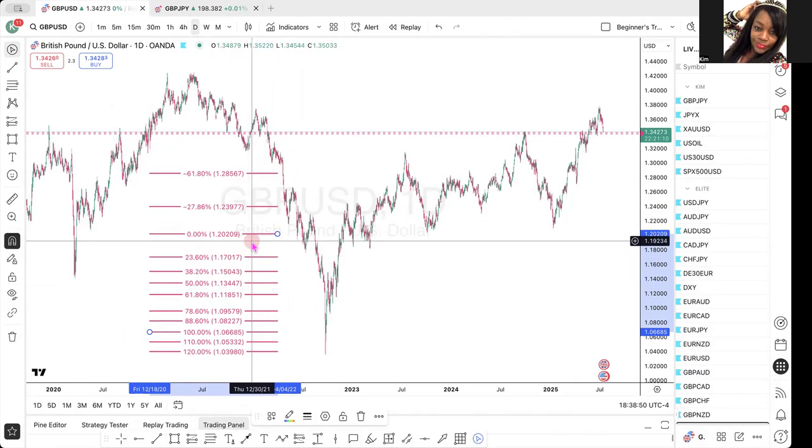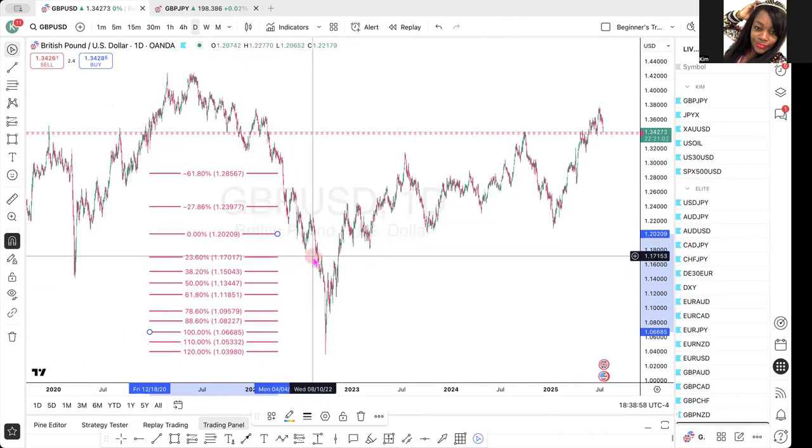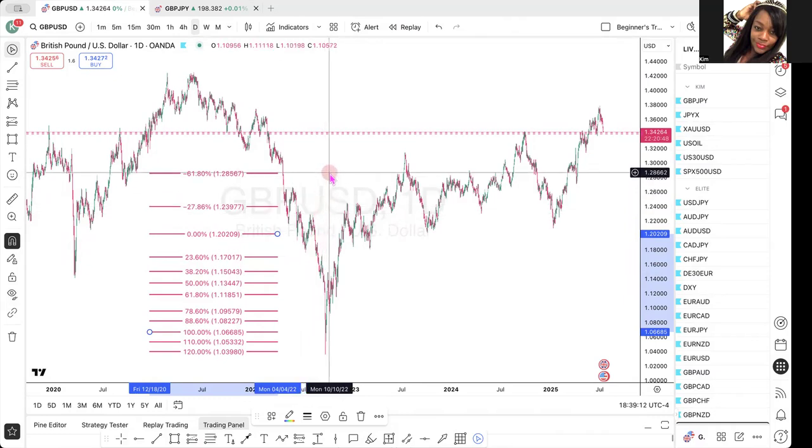Now, I have quite a few settings on mine. I like to know if it's just going to come to the 23.6 or the 38.2, because if that is the case, 8 times out of 10, price is going to go to the negative 618.